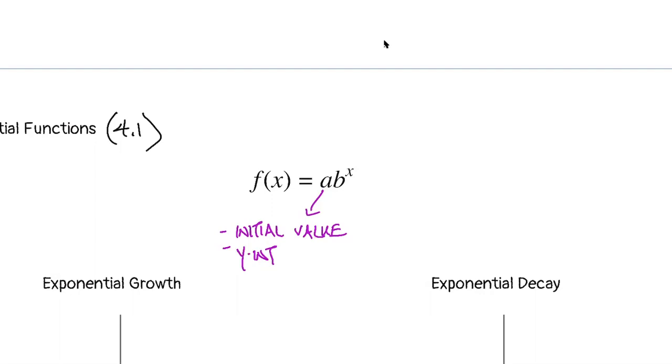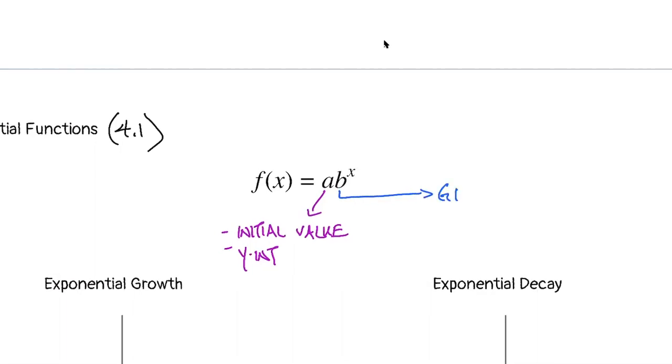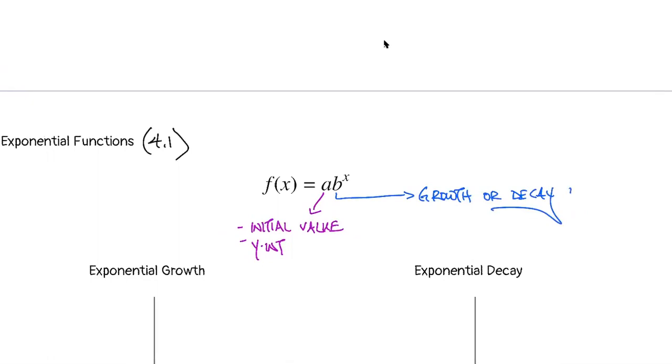This b value, we call the growth or decay constant.